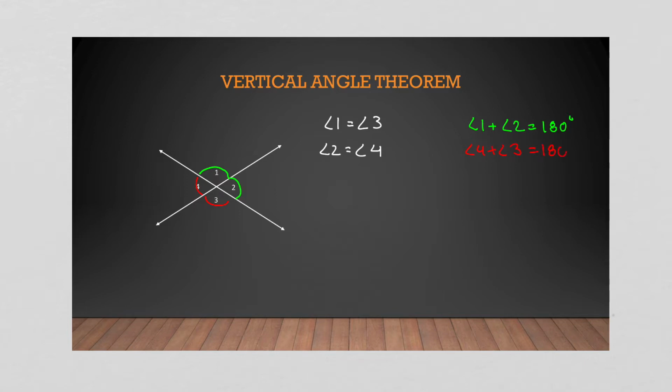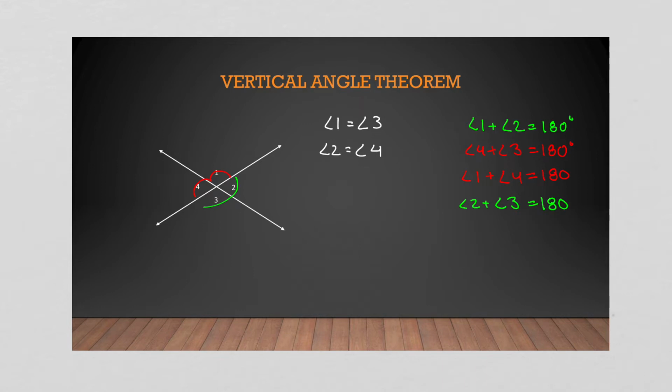But we can also look at it from the other side, and we can say, okay, well, angle 1 plus angle 4 is 180 degrees, and angle 2 plus angle 3. So all of these scenarios are equal to 180 degrees.